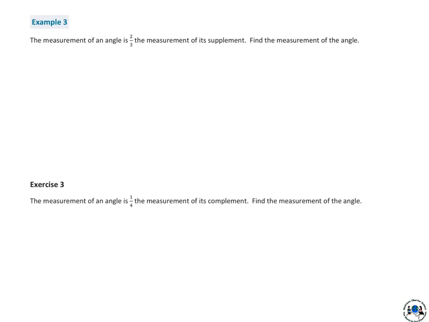Okay. All right, here come some more of these that I love so much. Ooh, we have a fraction. The measurement of an angle is 2/3 the measure of its supplement. Find the measurement of the angle. Okay, and I would recommend, if you want to, use a tape diagram to help you out, just to suggest that.